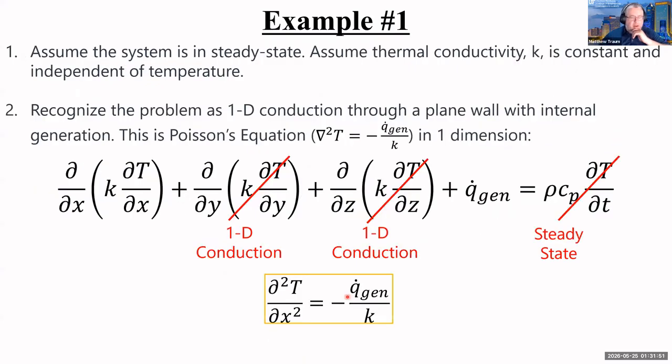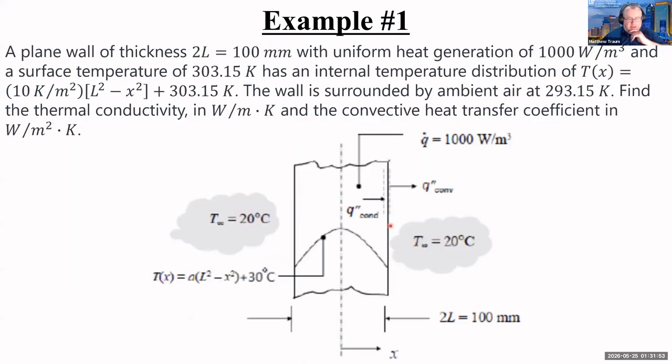At this boundary, it's even shown on this figure, I've got conduction going into this control volume, and convection going out. So conduction in, convection out, and because we're in steady state, there's no energy storage, and so those two have to be equal to each other.